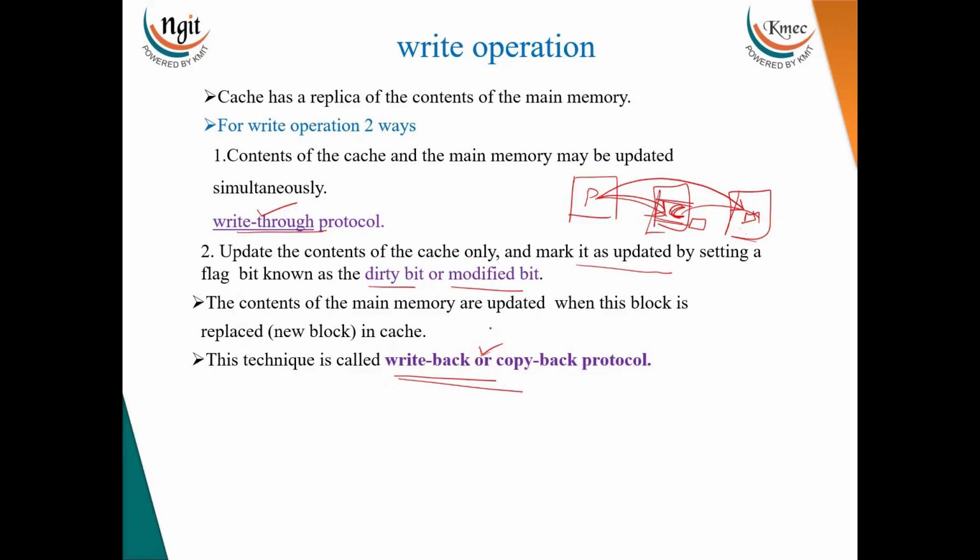Now coming to write back, whenever the processor needs that content again, it will read from the cache itself. Before deleting the content of that block from the cache, it is updated in the main memory. So here the repeated write operations are avoided.